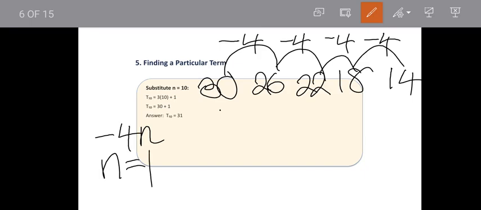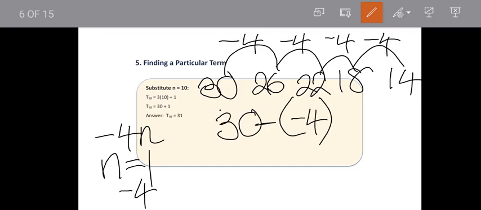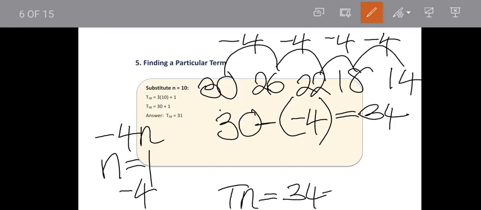We're saying that if n is equal to 1, we're now going to be left with a negative 4. But the first term that we have is a 30. So now we are going to say 30 minus, we are subtracting, so 30 minus, right? Then you say minus the difference, which is now going to be equal to 34. Therefore, we're now saying Tn is equal to 34 minus 4n.